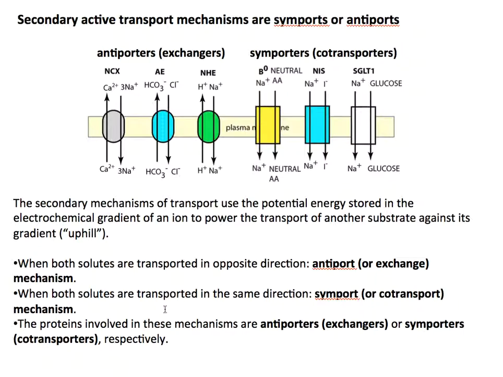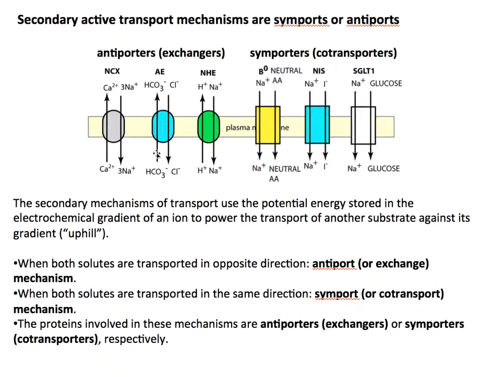So here you will learn some secondary active transport mechanisms, the antiport exchangers. So you have the NCX and NHE exchange. And you will learn every one of these later in the course, either biochem or histo or physiology. 1 calcium leaving, 3 sodium ions coming in.